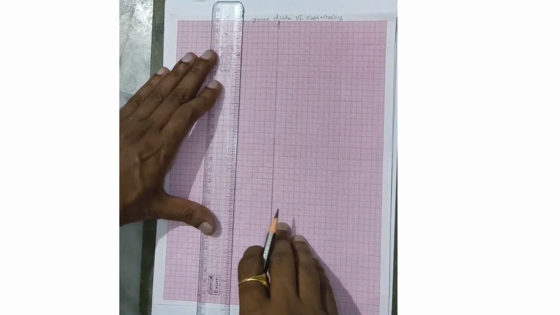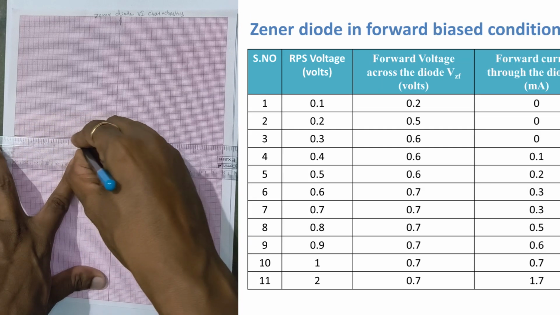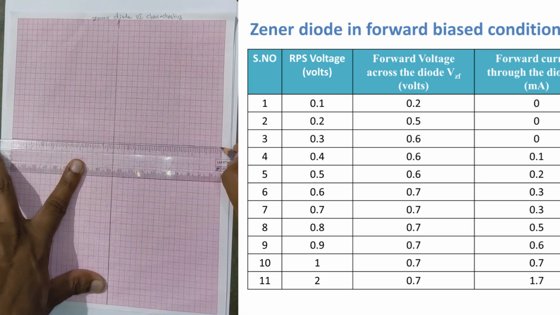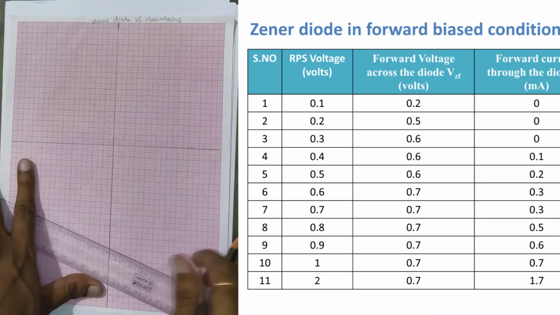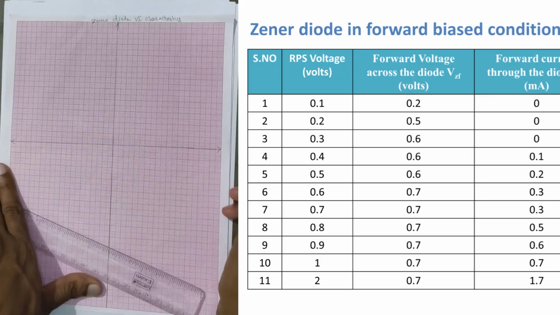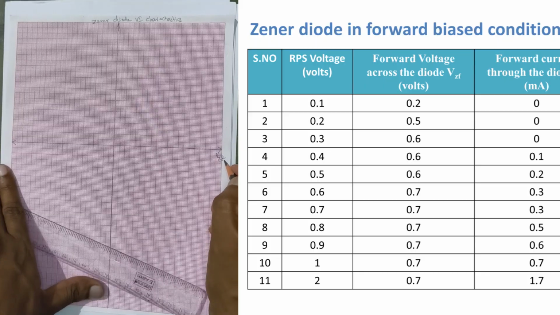Now from the observation of the table, graph forward voltage. Here forward voltage we will call VZF. For a normal diode we call it VF, here we will call it VZF, the Zener diode forward voltage.